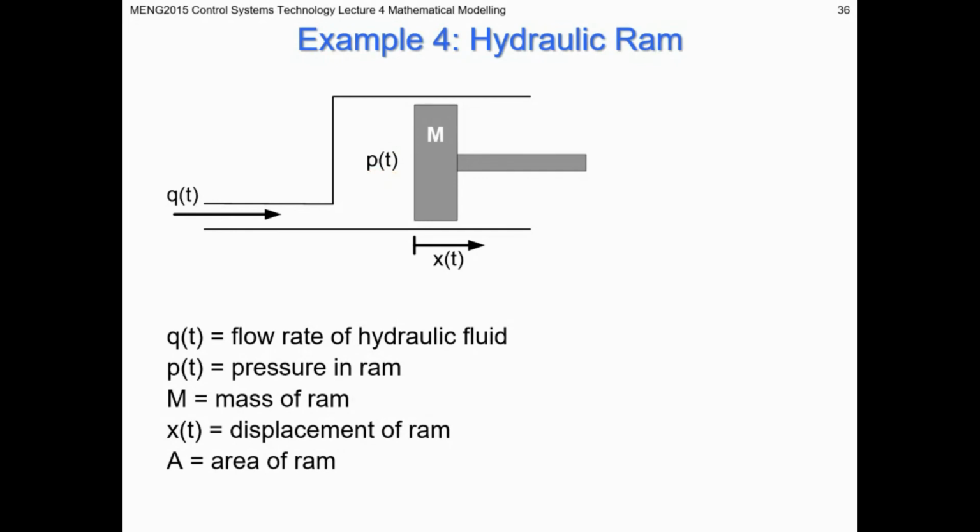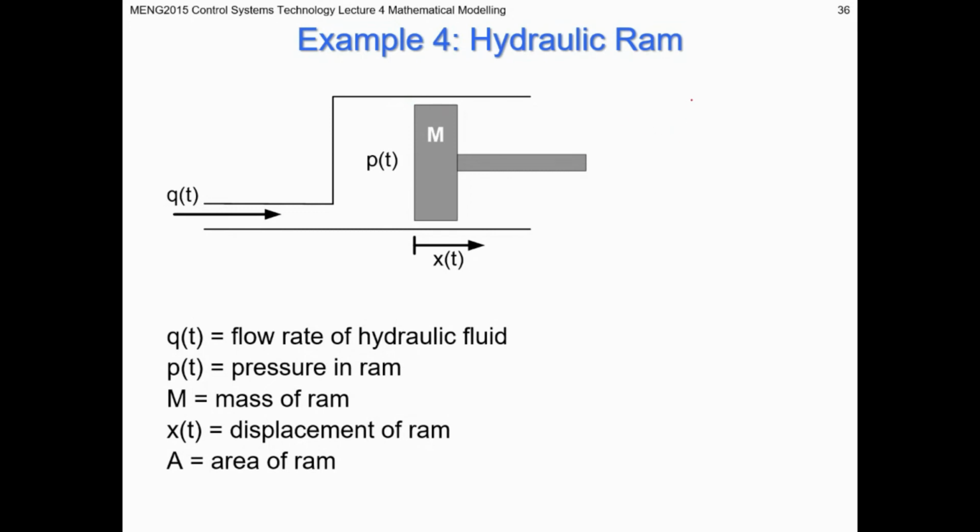P is the resultant pressure in the ram. M is the mass of the ram, and x is its displacement. A is the area of the ram, the cross-sectional area, which we're not seeing because we're looking at a cross-section.